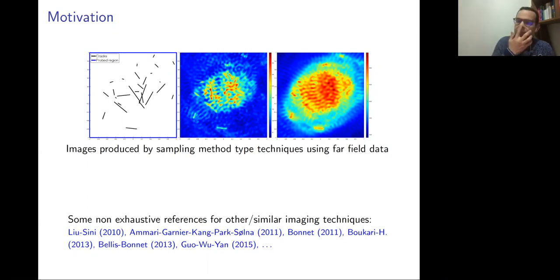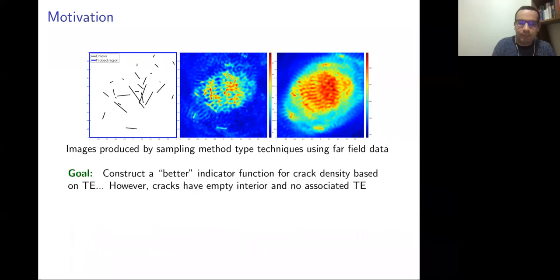So the idea now is, for this inverse problem, I'm not really interested in knowing exactly the geometry of these cracks. What I want to know is information about the density of these cracks, to have an assessment of the health of the structure. So can we do that?